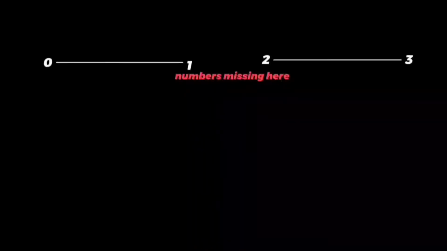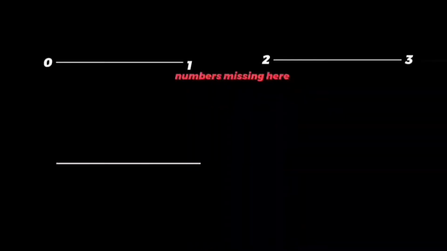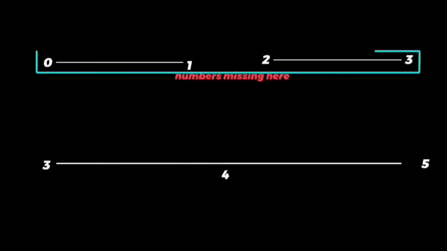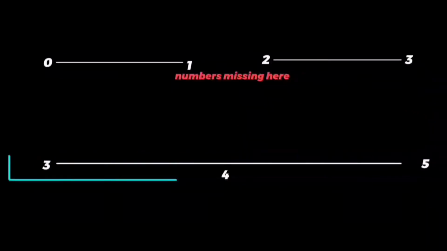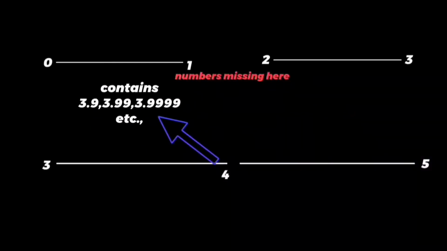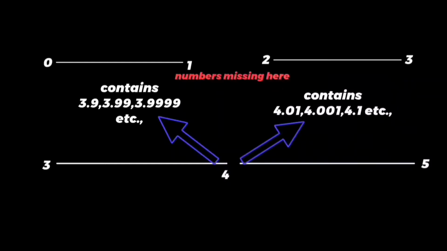Now let's look at a single line again. Can we just break this line at 4? If we want, yes we can, but we want to differentiate that one from this. Because if we break this line at 4, one line contains all numbers which are closer to 4 on the left, the other line contains numbers closer to 4 on the right.